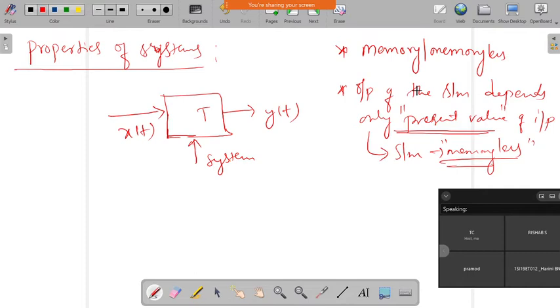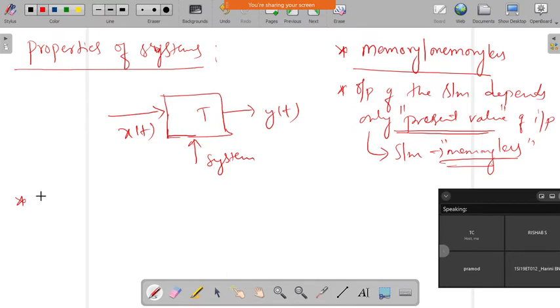This is very important. If the output depends on the past or future values, then obviously it has memory. So this is one property of the system, memory or memoryless.